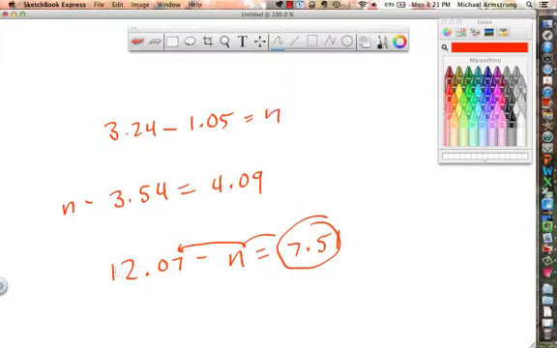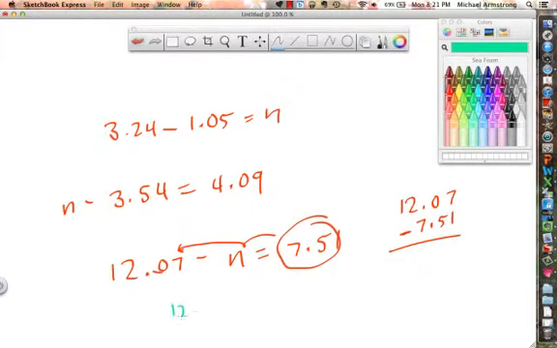But if you subtract, let's do it this way, 12.07 minus 7.51, you are going to get whatever n is. So you can skip over and come back. You can see how that works. For instance, let me show you a quick example.